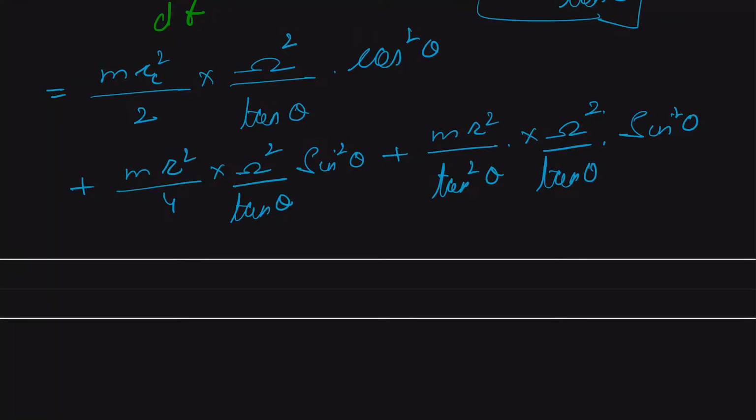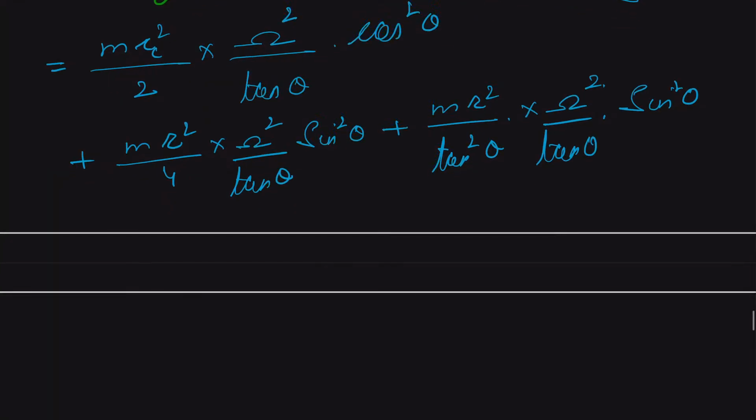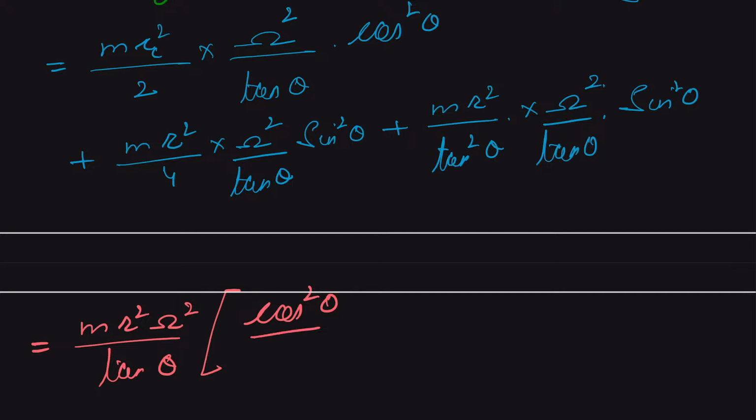So here we can take some things out as common from the entire equation. So we can write this as m r square omega square upon tangent of theta. And from the first part, we are left with only cos square theta divided by 2 plus.